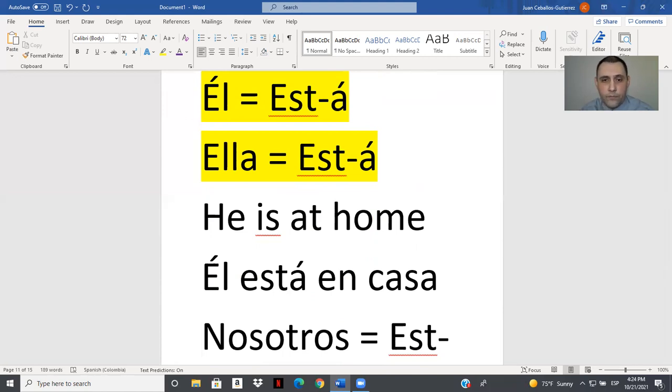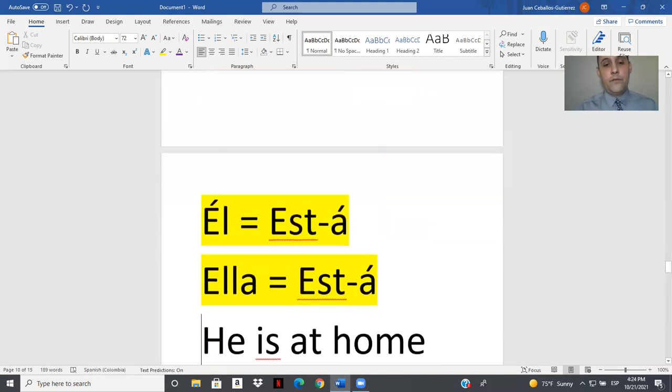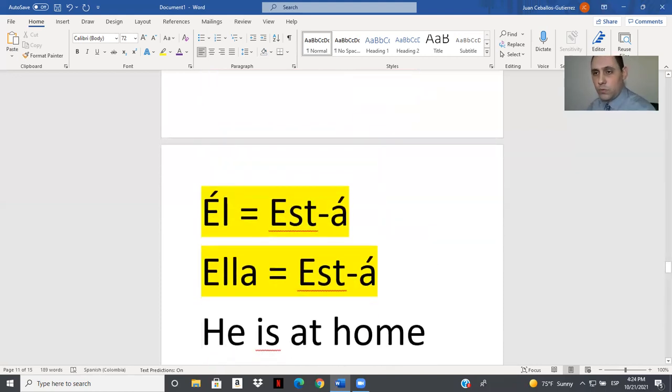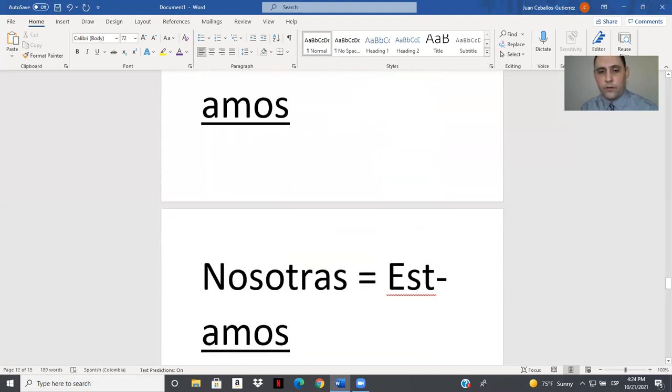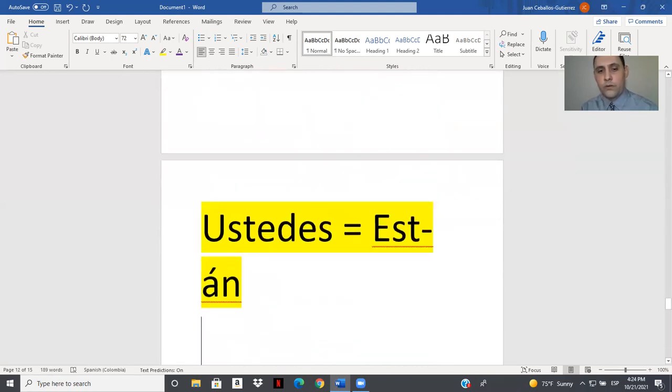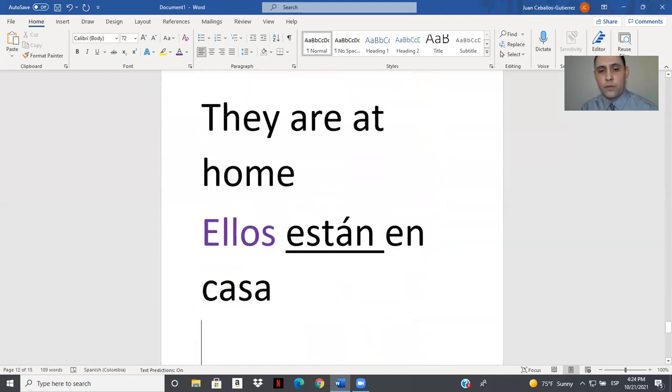An infinitive verb is a verb that is not conjugated, that is in its natural form. And a verb that is conjugated follows some rules. Verbs that follow the rules are called regular verbs. Verbs that do not follow any rules are called irregular verbs. Those irregular verbs you have to learn by memory.